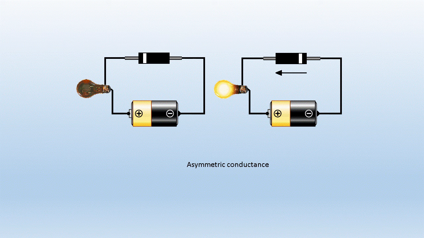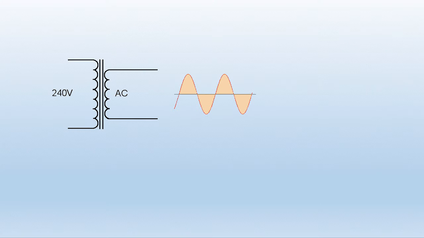So, what are typical uses then? Let's move on. Probably the most common use you'll come across is converting AC voltages into DC voltages. Unless you're using batteries, we're going to have a mains input at 240 volts in the UK, stepping down to some lower value.